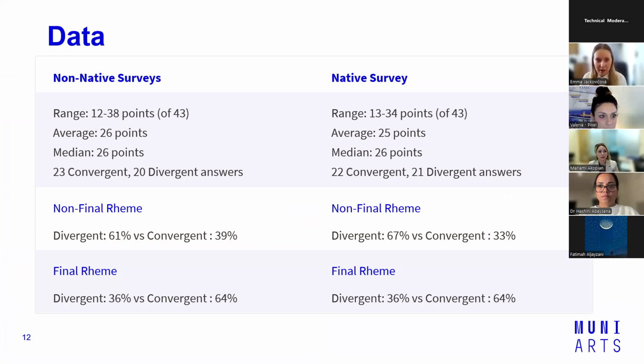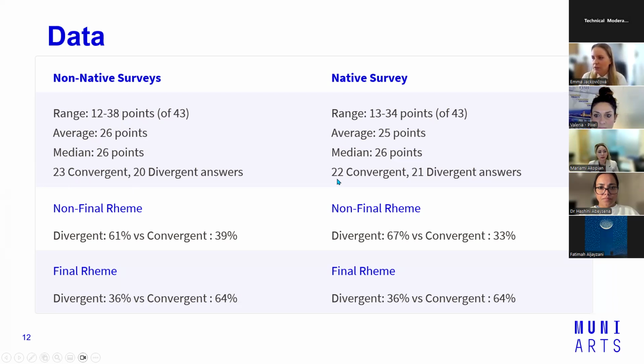The next three slides compare how well participants identified Rhemes in final versus non-final positions, using aggregated results from all three surveys. As you can see, the average, median and range between non-native and native participants were pretty similar.